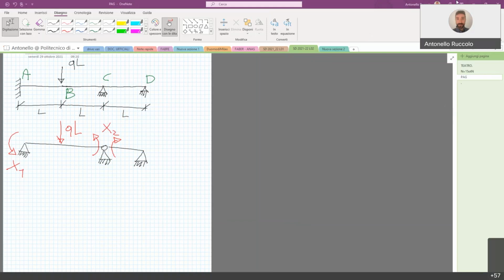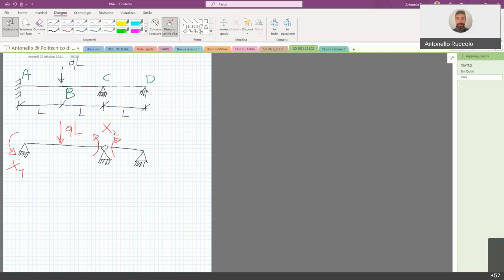Okay, so basically we just downgrade, similarly to what we did in the node C. How does that help us in solving the problem? The point in the logic of the force method is we start from a statically redundant structure, but it works also for statically determined structures.